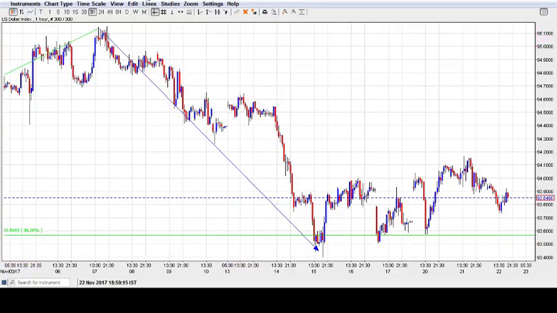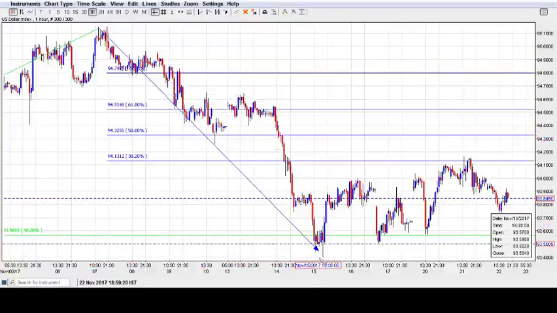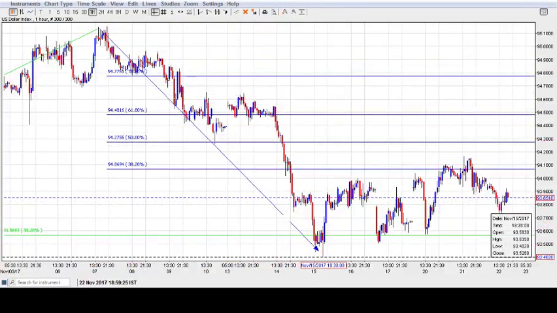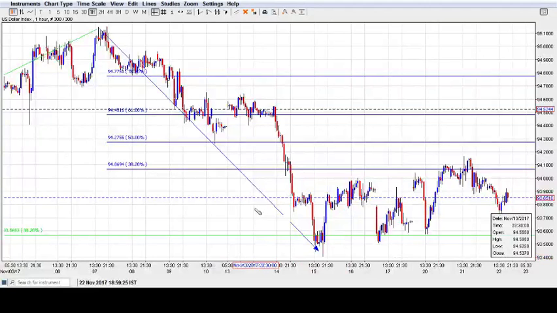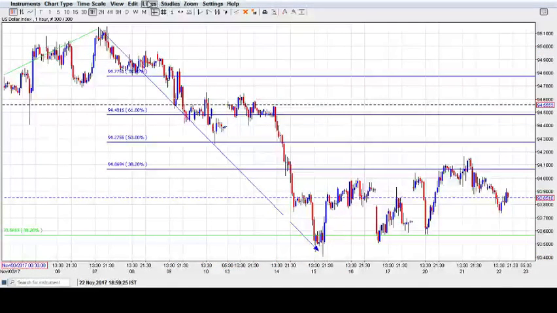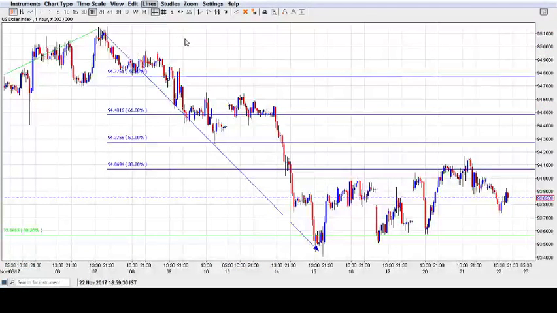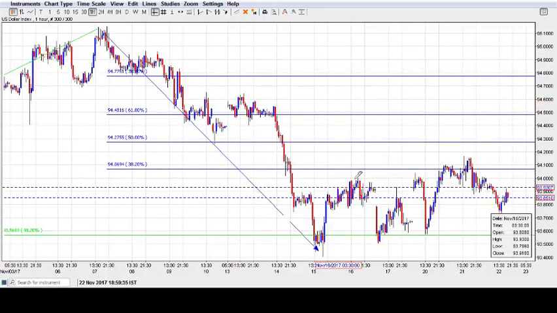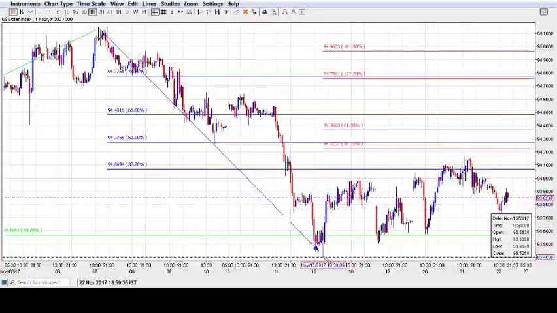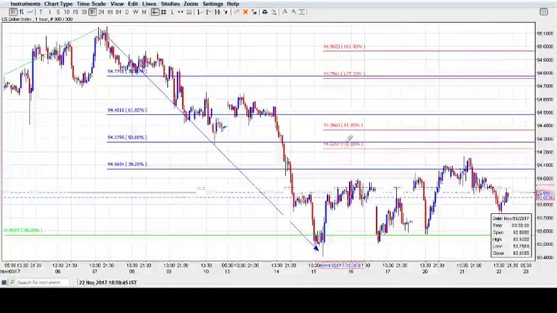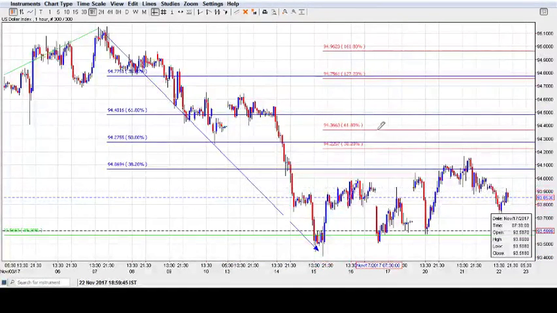If I do take a retracement of the entire drop between 95.10 and 93.40, and try and extend the counter trend as well, somewhere around 94.36 or 94.40.